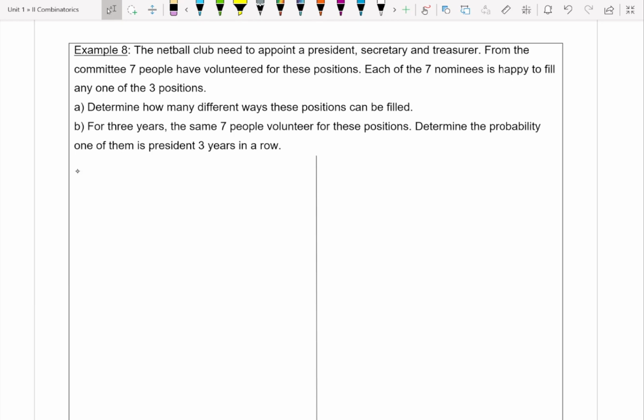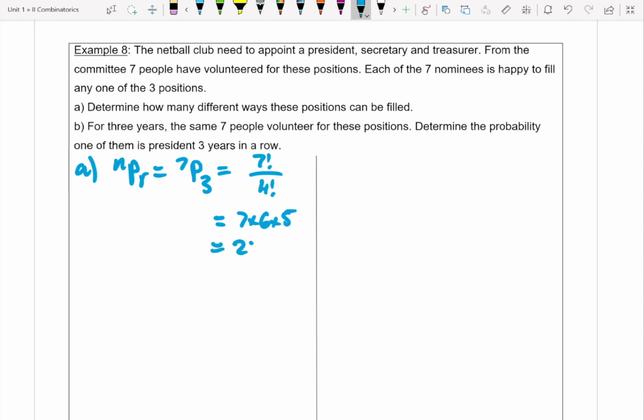So, recalling the rule for permutations, we're looking at nPr. What is our value of n? Well, we have 7 possible people to choose from. How many spots do we need to choose? 3. So this is going to be 7 permute 3, which is the same as 7 factorial over 4 factorial, which is going to be 7 times 6 times 5, which is equal to 210.